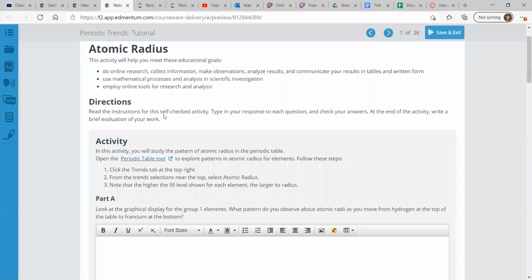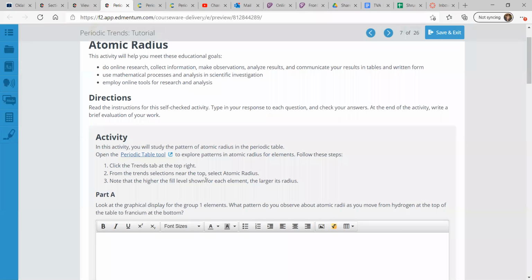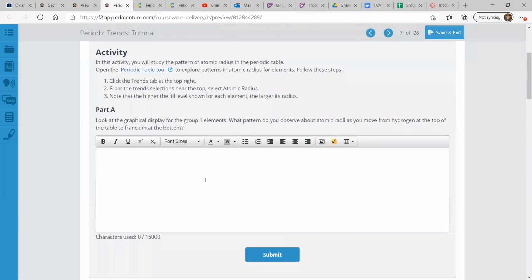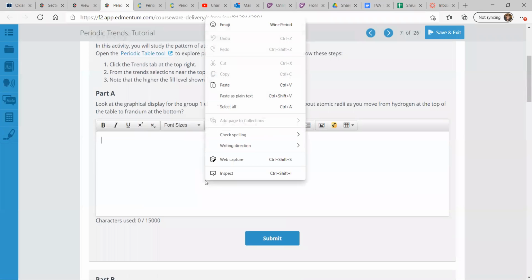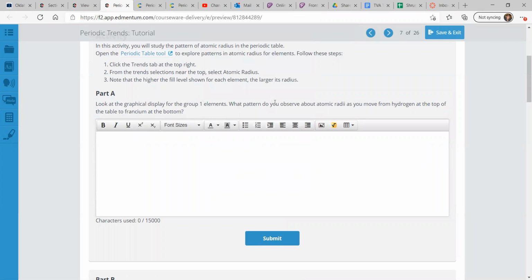That's why they call it trends. It's not always the case. But look at the graphical display for the group 1 elements. What pattern do you observe about atomic radii? Radii is plural for radius. You don't say radiuses, you say radii.